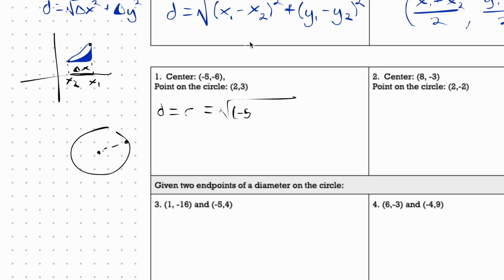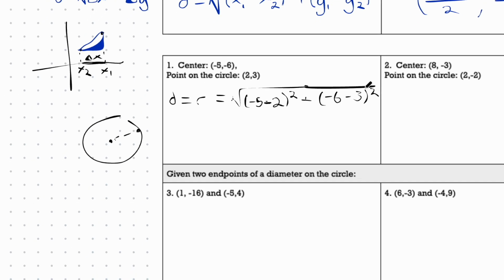And it does not matter the order you do this: you could do x1 minus x2 and y1 minus y2, or x2 minus x1 and y2 minus y1, as long as you stay consistent in both of these.